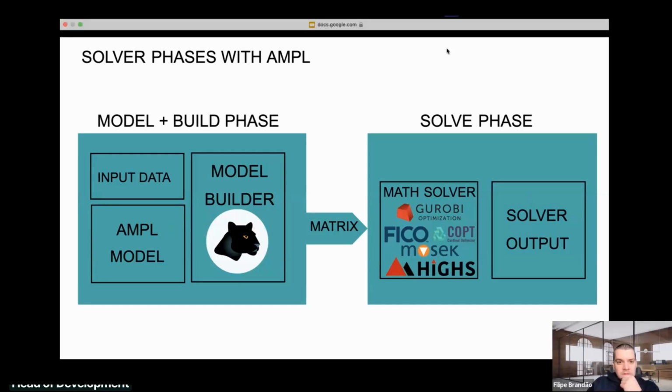Yes, so in this diagram, you can see how AMPL fits in. AMPL does the model building part, and your mathematical equations or logical expressions you write in your AMPL model.